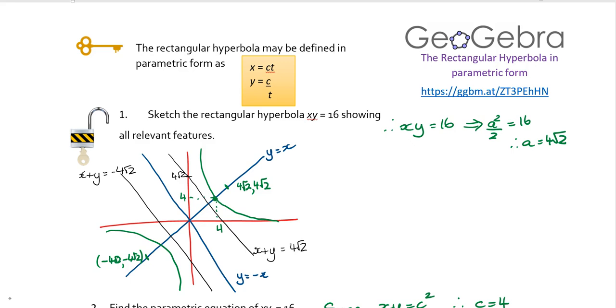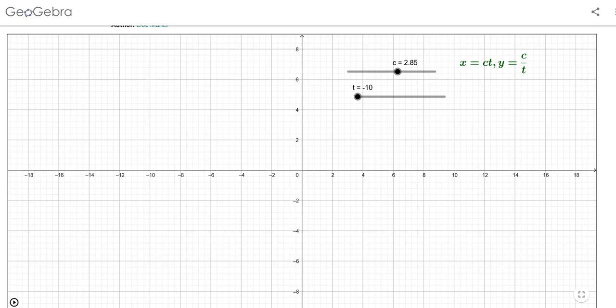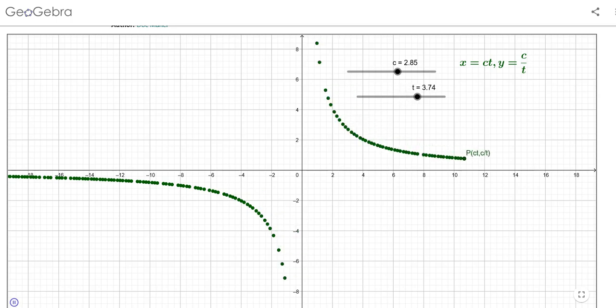So we'll just have a quick look at this on GeoGebra as well, and what we're going to see here is basically the parameter in action. As I vary the value of t between -10 and +10, if c is 2.85 and my coordinates are plotted as x equals ct, y equals c on t, then what I get is my hyperbola being traced out.